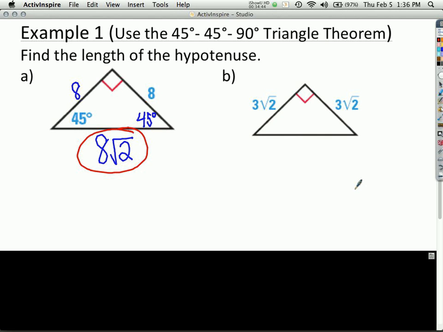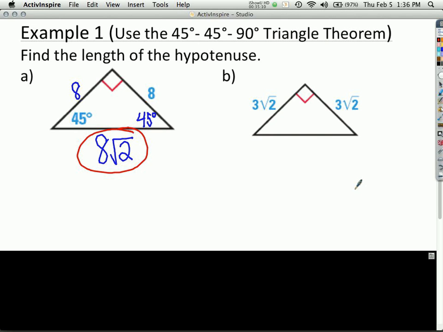But we have to first establish whether or not this is a 45, 45, 90. Is it? Give me a thumbs up if you think it is. Got a few people who think so. Okay, keep your thumb up if you can tell me the reason why it is.